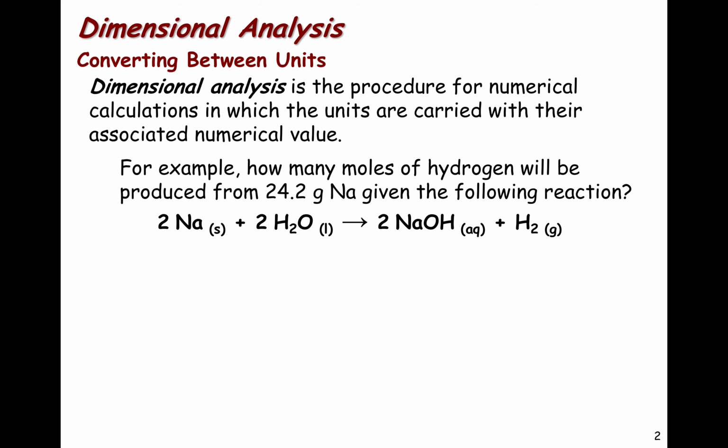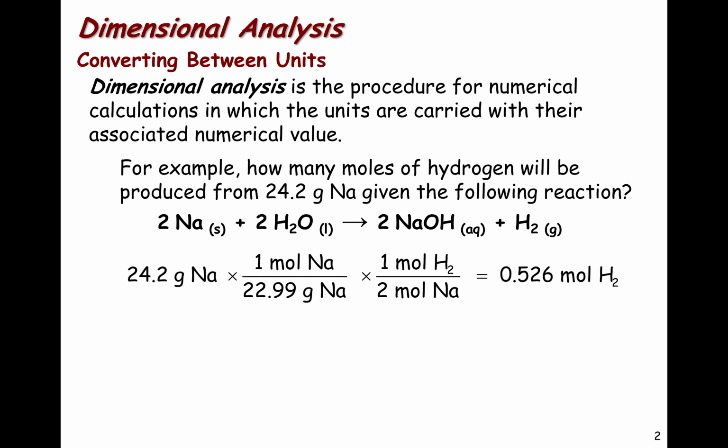So in this particular case, we would start our calculation with the given in the problem, which is the 24.2 grams of sodium. And we would first multiply by some conversion factor, which is a ratio. The conversion factor is between the moles of sodium, MOL, and the grams of sodium.